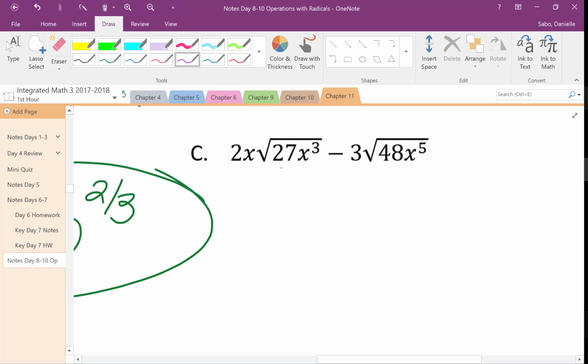So the square root of 27 breaks up into what two numbers? Good, and the square root of 3. So I'm going to bring out that 3 because the square root of 9 is 3. So I have 2 times 3 times x so far on the outside. How many times does our little index 2 go into 3?